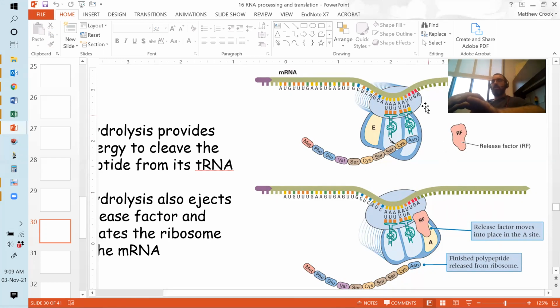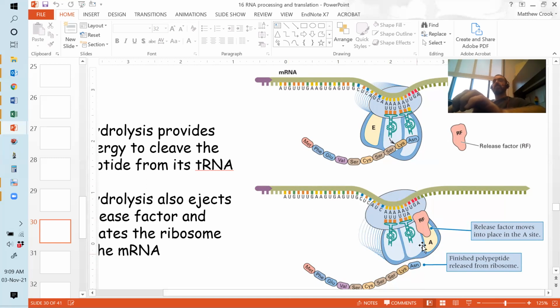And the second thing is we need to get this ribosome off of the mRNA, because otherwise there's not going to be the space for whatever ribosome is following along behind it to finish translation. Right, so the release factor does those two things.